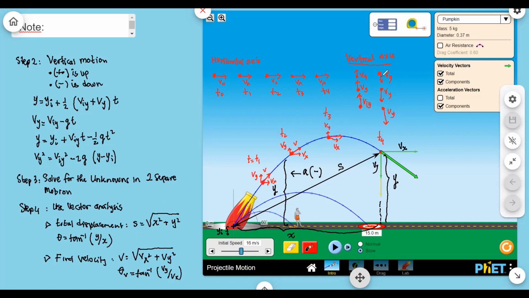So we can see that the velocity has different values at each instant of time.